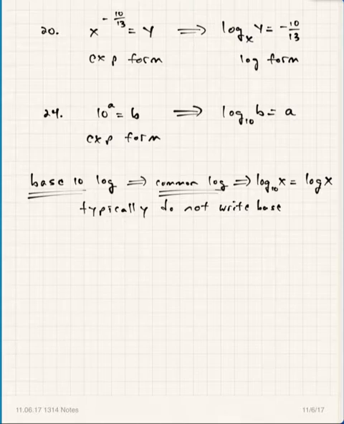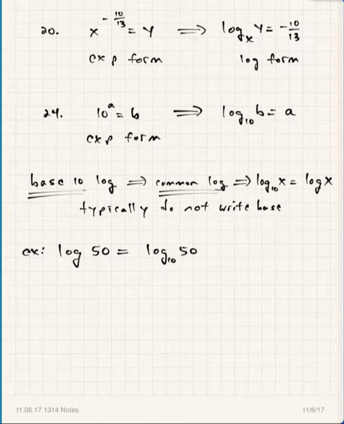So for example, if I have this log expression, log of, let's say, 50, right? That's understood to be a base 10 logarithm. And so this is really an abbreviation for logarithm base 10 of 50. Right? So if you were going to write this in terms of its exponential form, we might write it like this, that logarithm base 10 of 50 is equal to y.